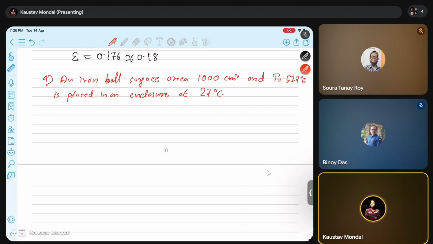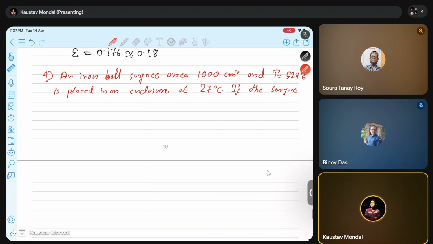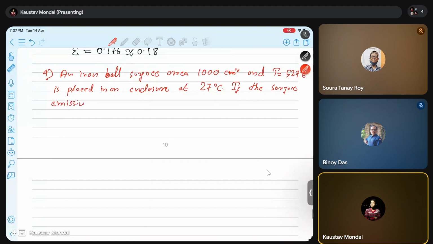If the surface emissivity of the iron ball is 0.3, what is the rate at which heat is being lost by radiation?